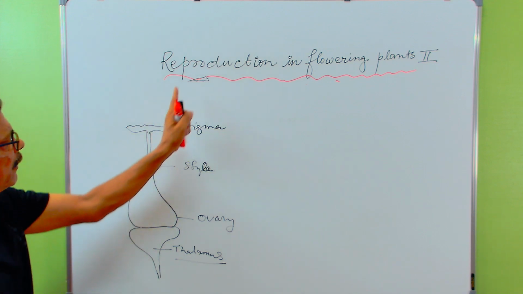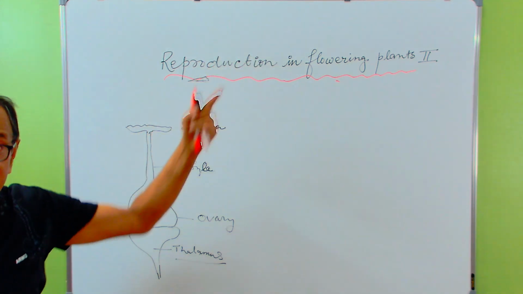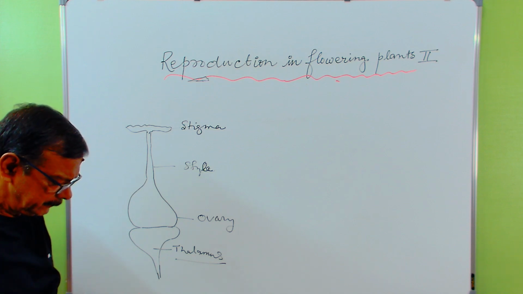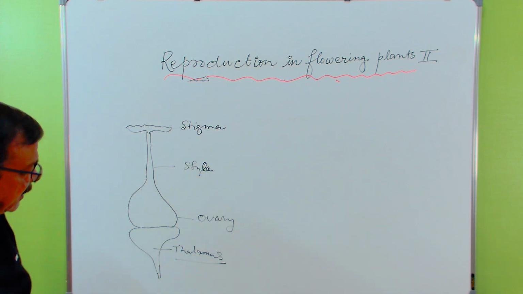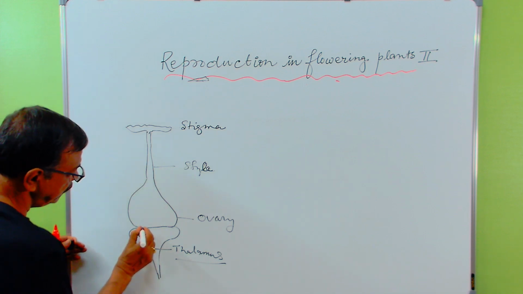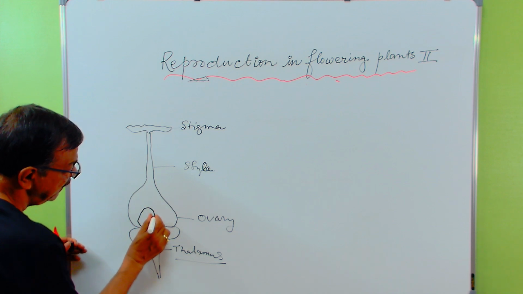Now, in the reproduction, the male part is over. Now, the female part. The female gametophyte starts as a protuberance in the placenta or ovary.